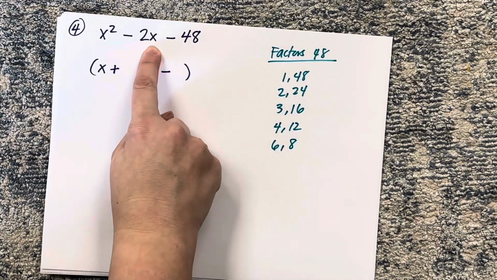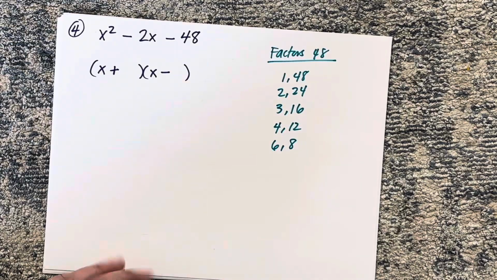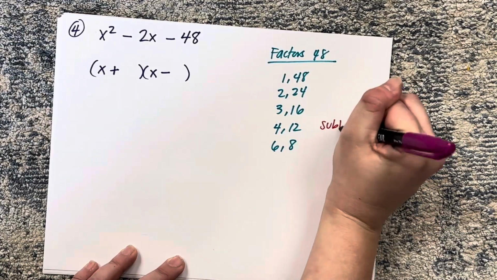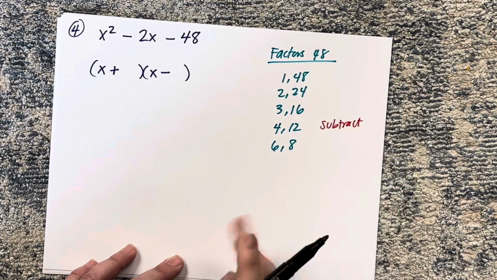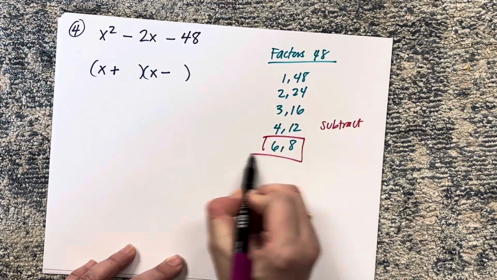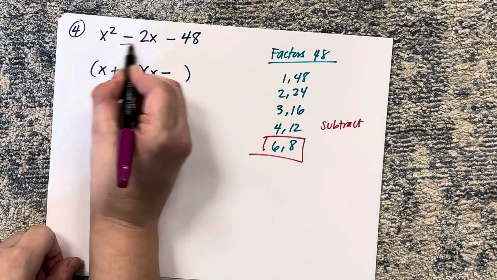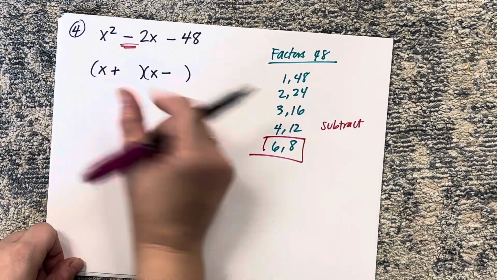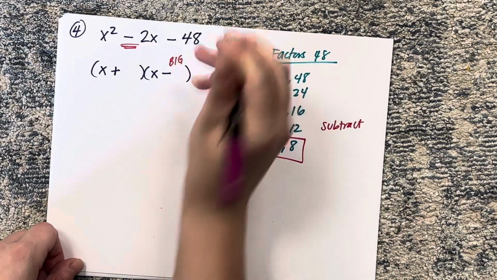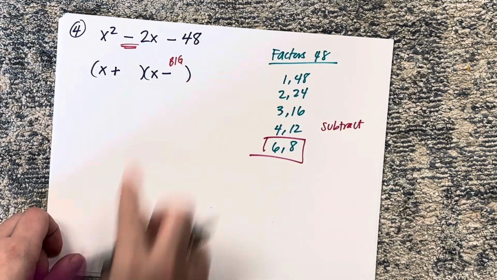Now, since it's a minus and I have a plus and minus, remember I'm gonna be subtracting. So these two numbers subtract each other, give us a 2. So it's gotta be 6 and 8. And now my b is negative. So I want my bigger factor to go with the negative, right?